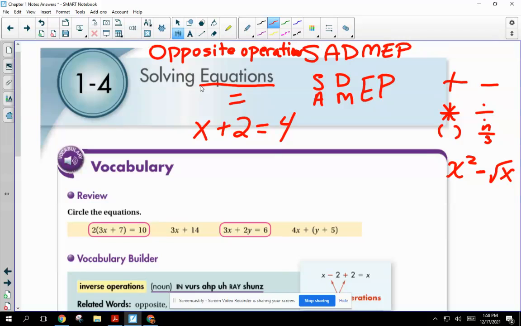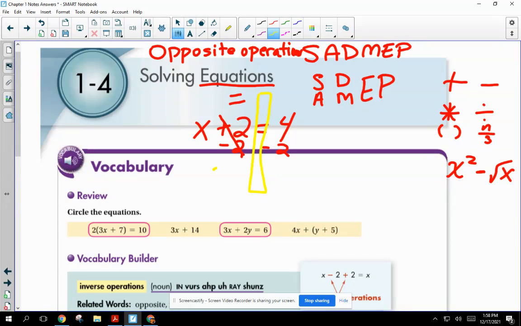So right here, the opposite of x plus 2 is x minus 2. Another thing you need to know about equations is that what you do to one side, you do to both sides. So you subtract on both sides. x plus 2 minus 2 is nothing. When we say other side, we mean the equal sign is your line of scrimmage.